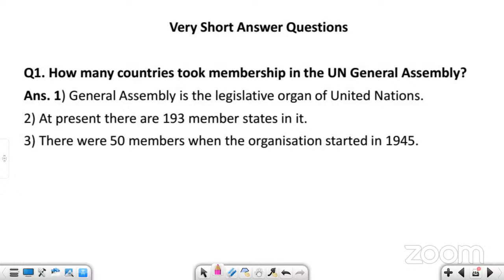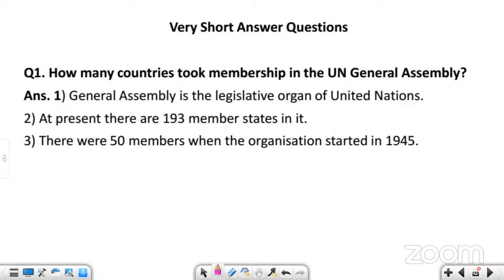Then we have also discussed the Secretariat, which is headed by the Secretary General. We have discussed his functions, how he is elected, what is his tenure, and who is the present Secretary General. Antonio Guterres is the present Secretary General. So let us move on to the very short answers.